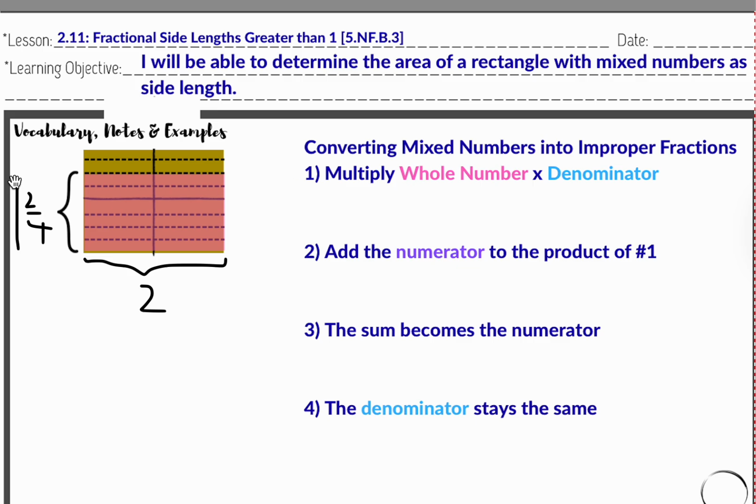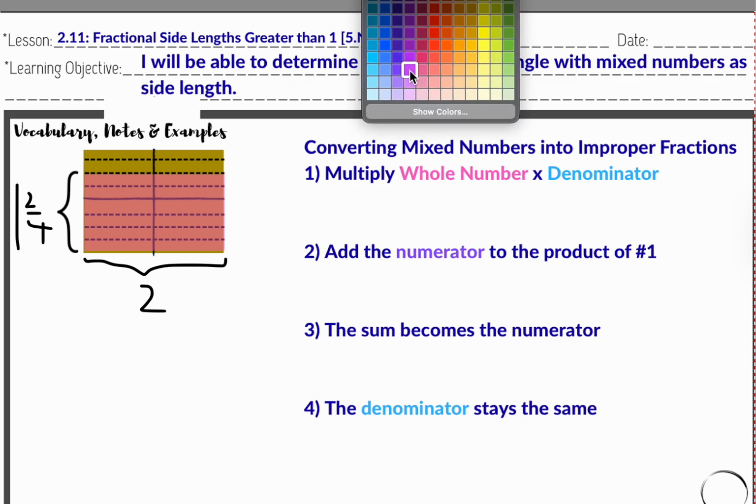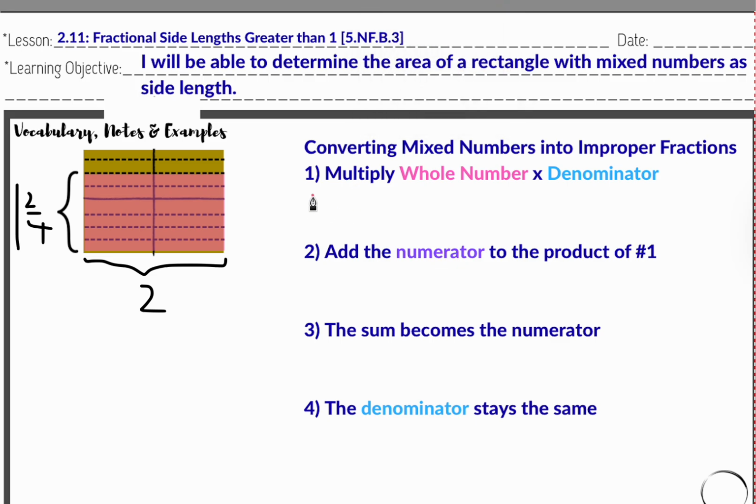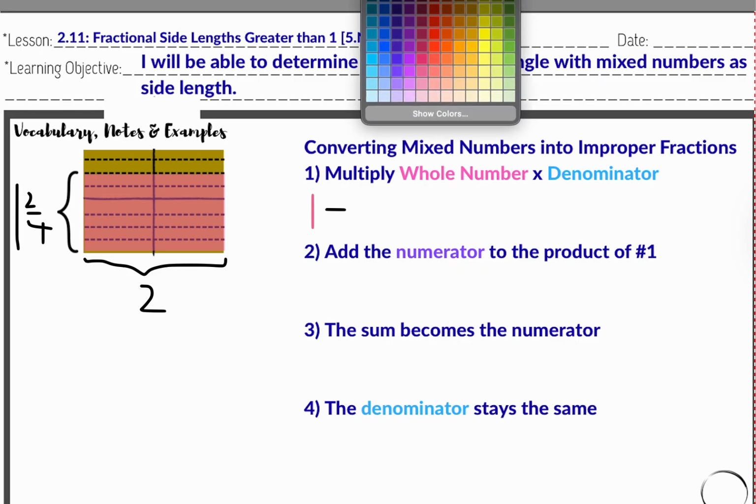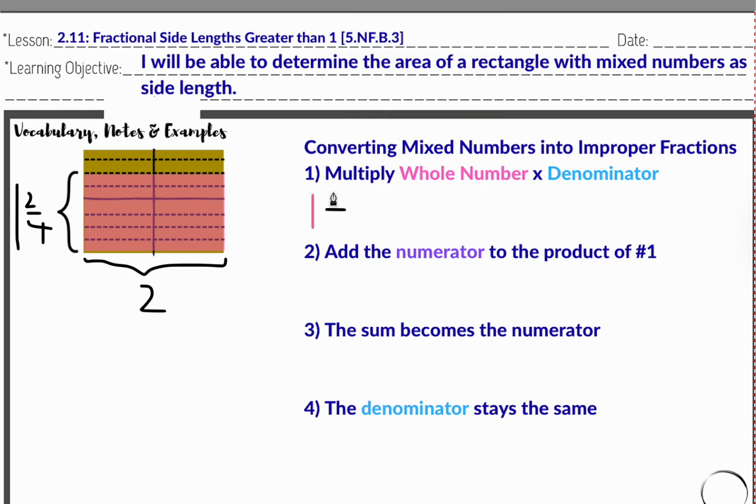So right here, I'm going to convert mixed numbers into improper fractions. So I'm going to get my whole number. So I have 1, and then I have 2/4. So 2 goes right here, and then my 4. I'm going to try to color code it so it's easier for us to see.